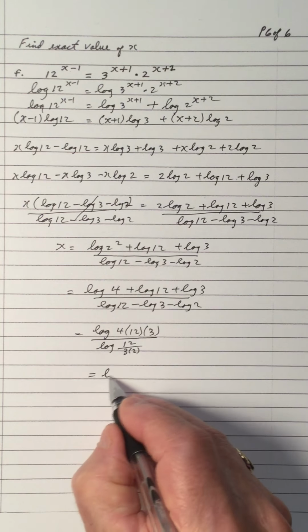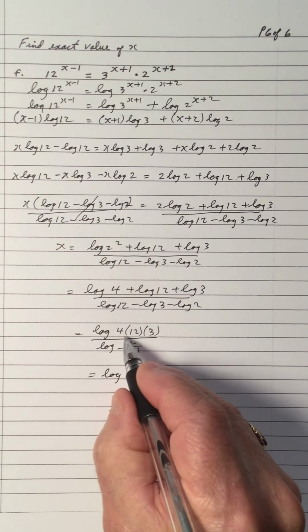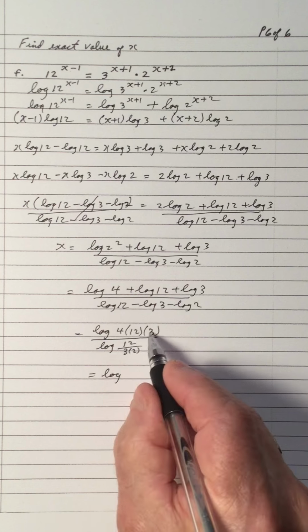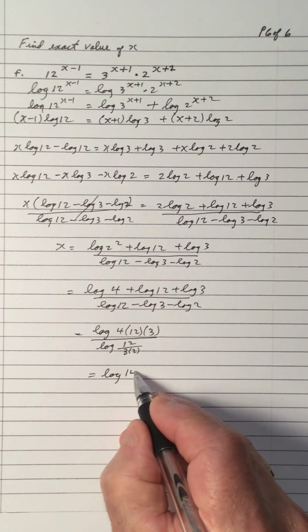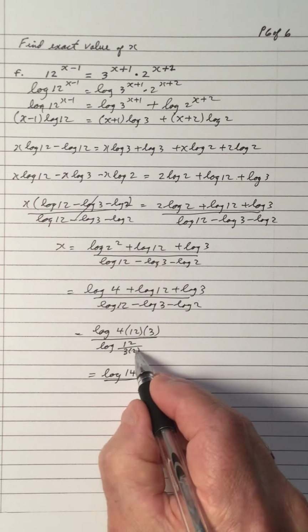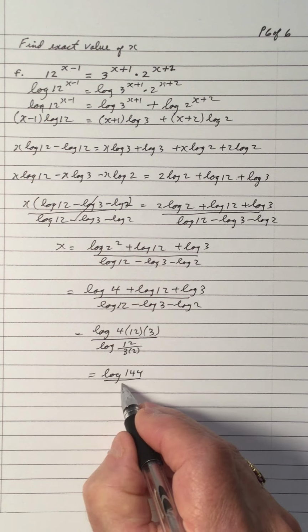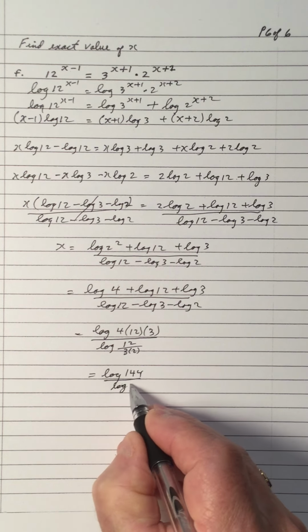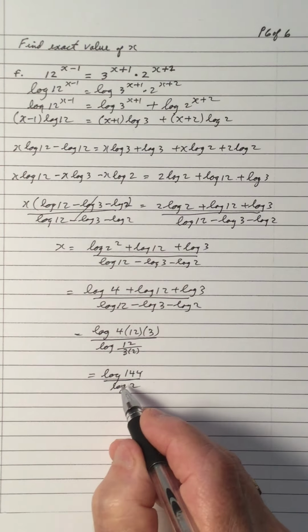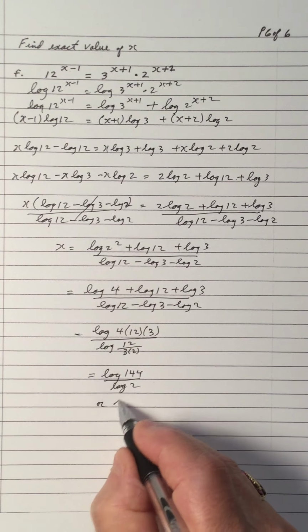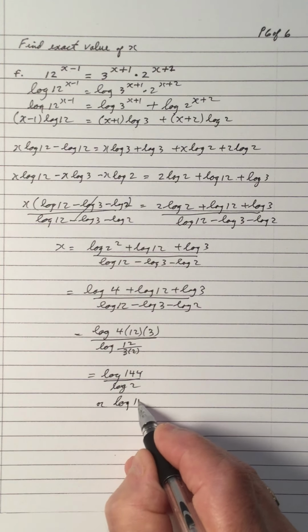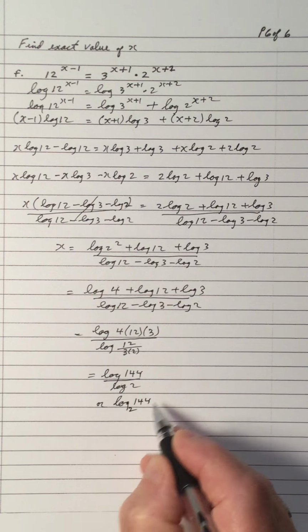So that's the log of 3 times 4 is 12, 12 times 12 is 144, and 12 divided by 6 is 2, the log of 2. So that's the exact answer, the log of 144 base 2.